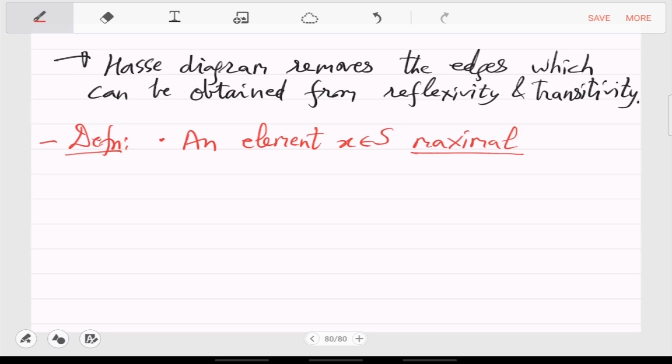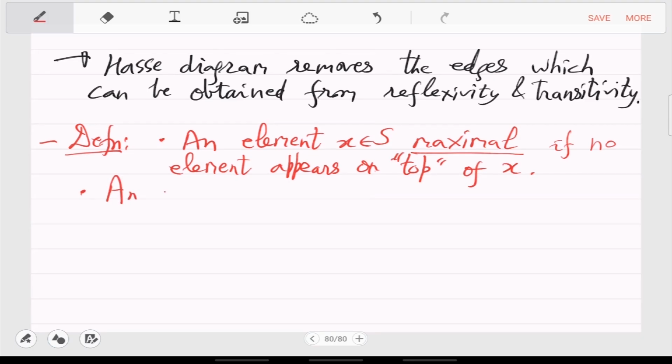When out degree of x is 0 in the diagram, right? It's maximal in the poset if no element appears on top of x.